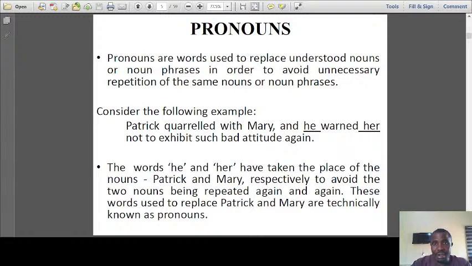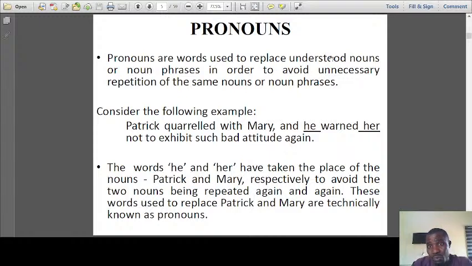Take note of the words understood nouns. Very, very important. Because before a pronoun is used, the noun that the pronoun is to replace must be understood. Otherwise, it will not have any meaning.